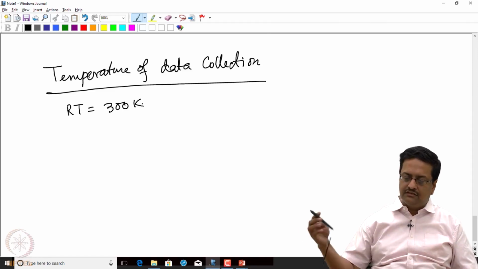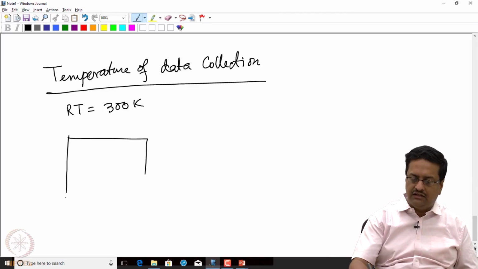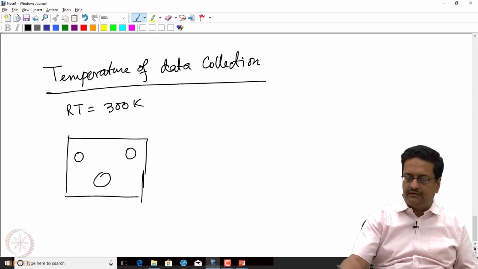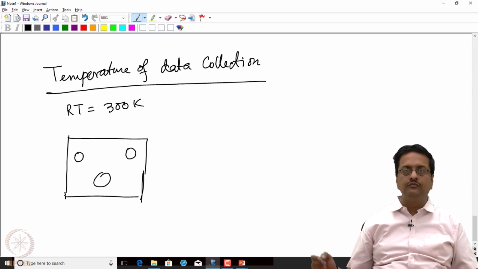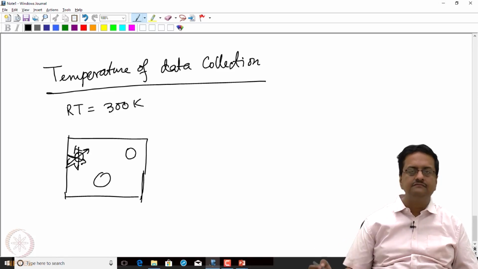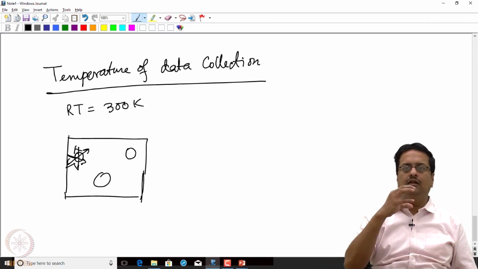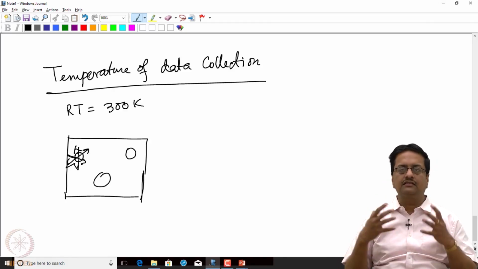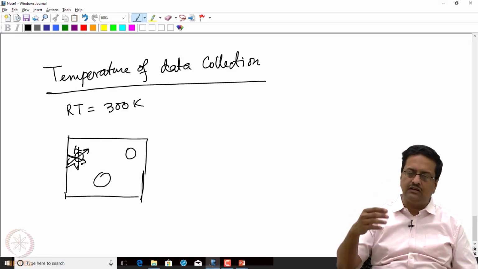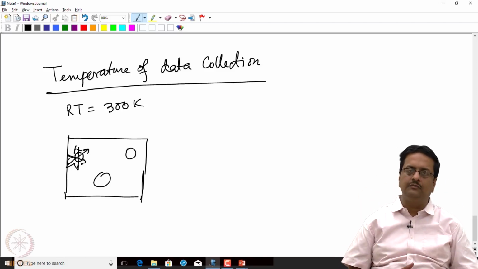So as a result, if we consider one particular plane which contains some atoms at various positions at room temperature, these atoms will vibrate about their own axis in all three directions. Because of that thermal vibration along x, along y, along z, the electron density associated with each one of those atoms is largely diffused in that particular plane.